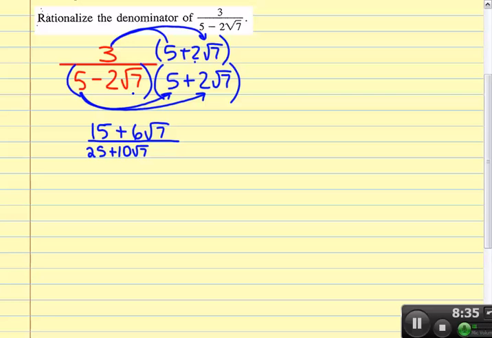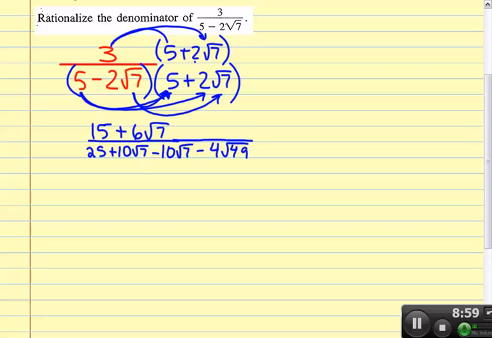Then minus 2 root 7 times 5 gives me minus 10 root 7. And then minus 2 root 7 times positive 2 root 7 gives me minus 4 root 49. Root 7 times root 7 is root 49. You're going to see it's going to go away.